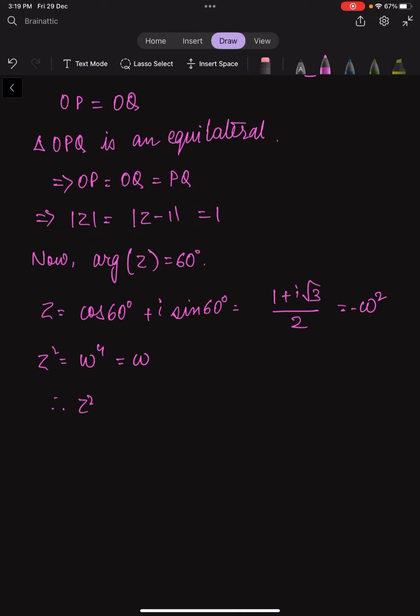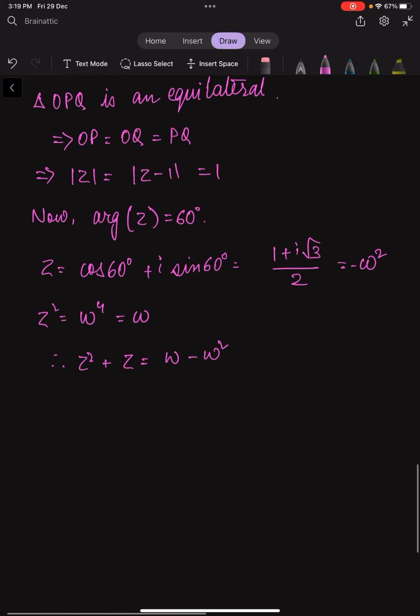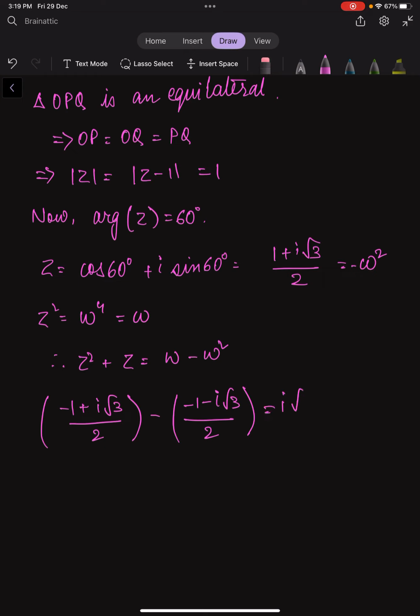Therefore, Z square plus Z is equal to omega minus omega square. Finally, (minus 1 plus I root 3) by 2 minus (minus 1 minus I root 3) divided by 2 is equal to I root 3. Therefore, this implies the argument of (Z square plus Z) is equal to pi by 2.